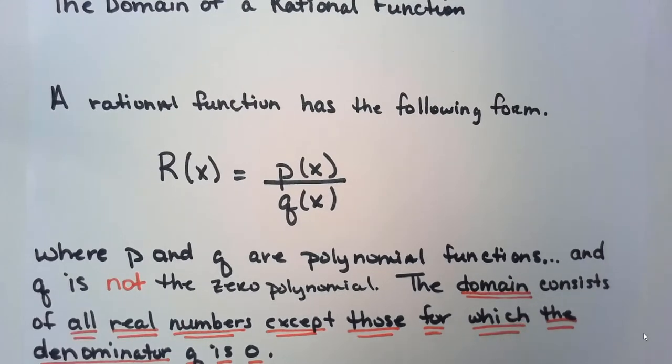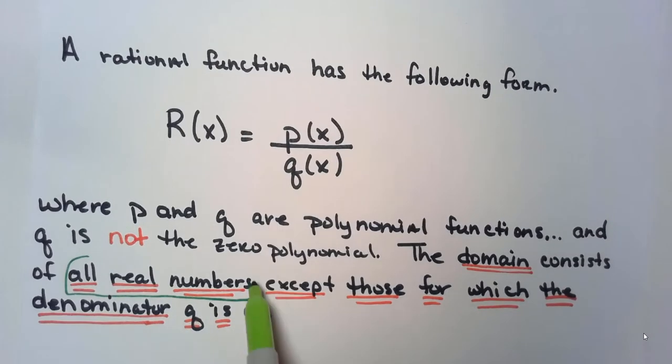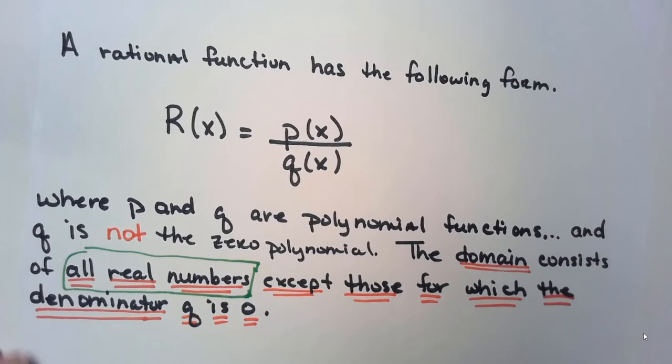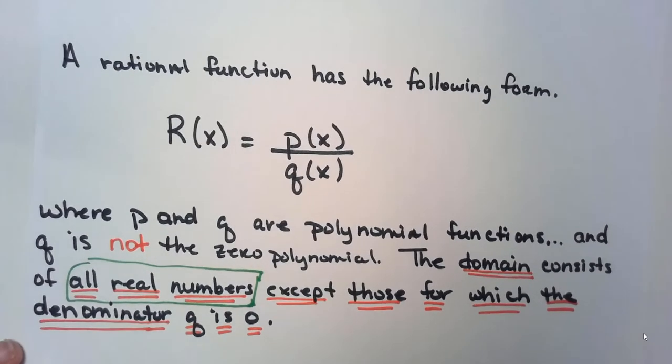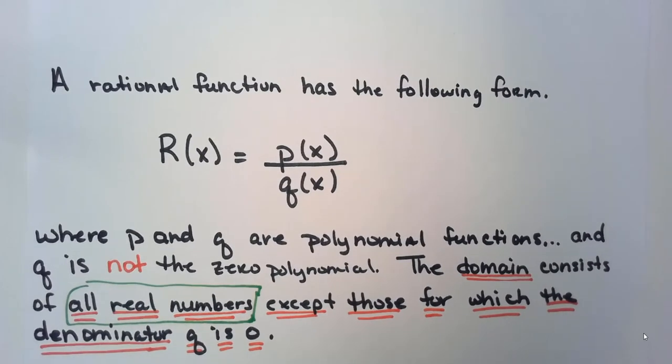The domain consists of all real numbers except those for which the denominator q is 0. Key term here I want us to look at is all real numbers. Okay, so not complex numbers, but real numbers: positive numbers, negative numbers, 0, irrational, rational numbers. Those are all real numbers.